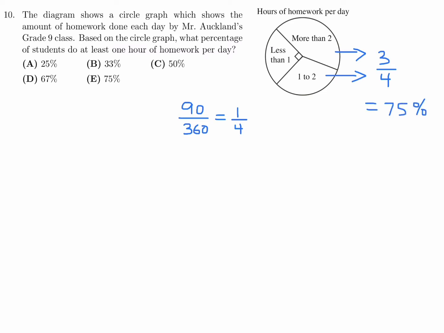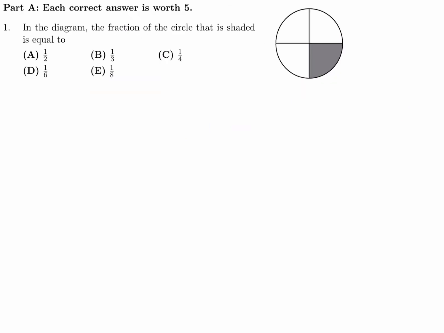So number 10, the answer is E. In the diagram, the fraction of the circle that is shaded is equal to. Well, as you can clearly see, they've divided the circle into 4 parts, and one of those 4 parts is shaded. So 1 out of the 4 parts is shaded, and therefore that is the fraction they're asking for. So number 1, the answer is C.